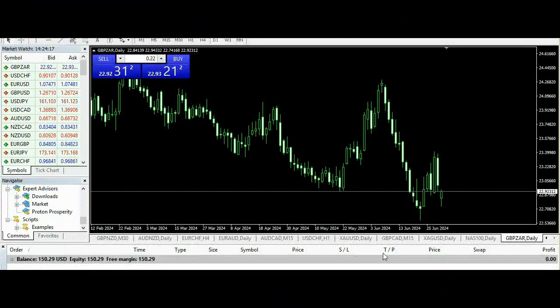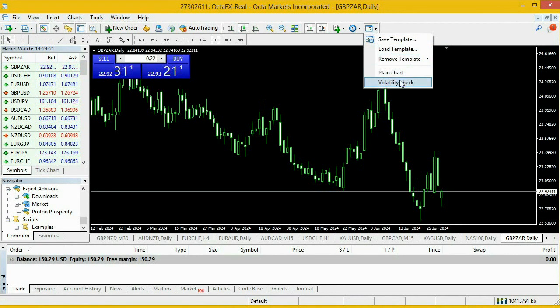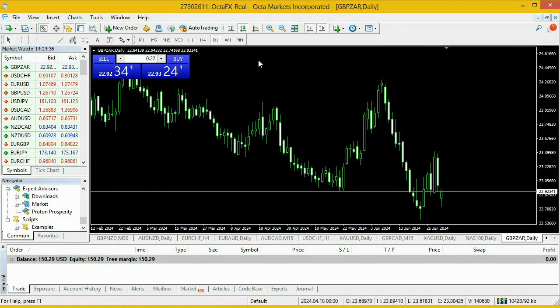Our next trade is on the British pound and South African rand currency pair. Everything is in order here. We allow auto trading.